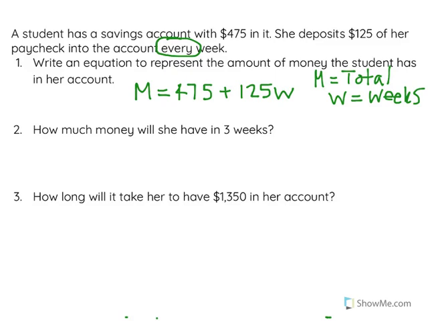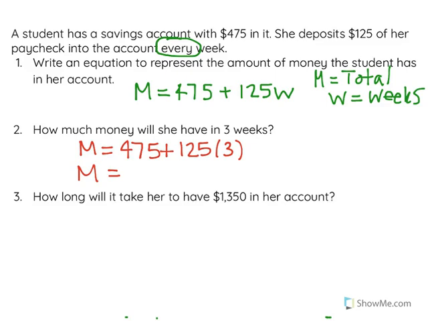So now we want to know how much money she will have in 3 weeks. Well, we know that our variable for weeks is W. So what I'm going to do is I'm going to plug in 3 for W. And what I can do is I can go ahead and put that straight into my calculator.